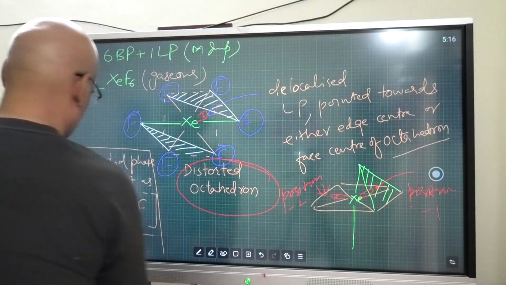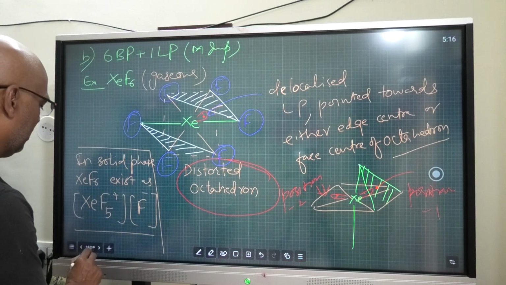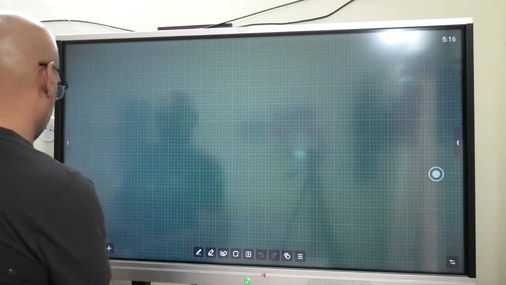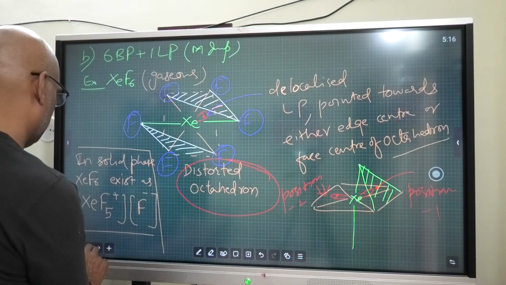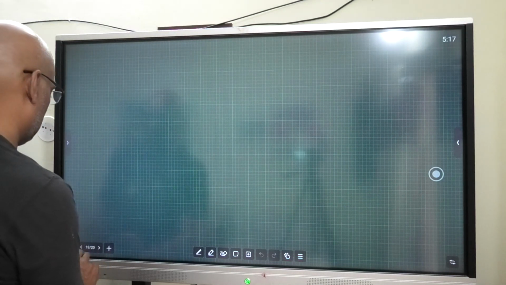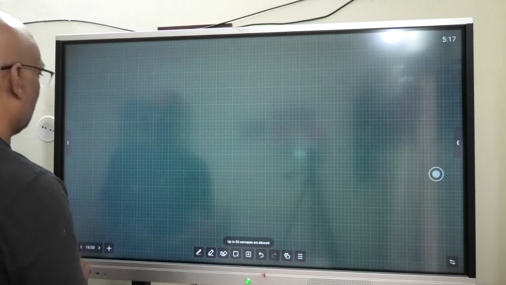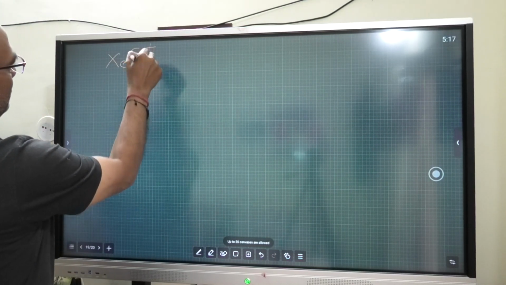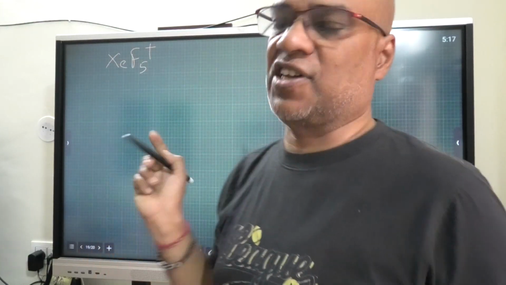See, here I will use some counting, and that counting you can learn, or again I will repeat it. So, the XeF5 plus cation. How to decide the steric number?